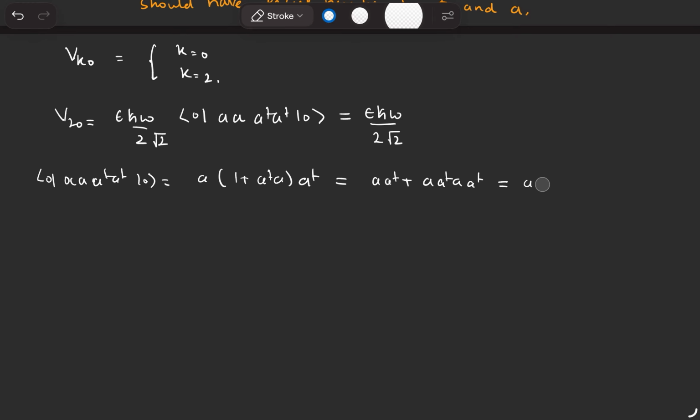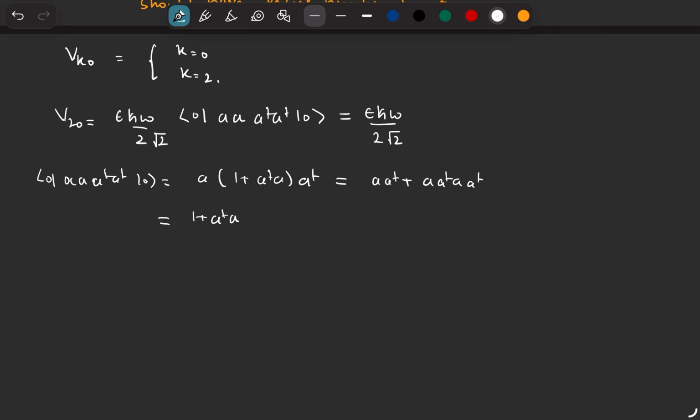Okay, I have to write it normal ordered, so just let me do it here. Then it has to be 1 plus a dagger a, and the first term also has to be shifted, so it has to be 1 plus a dagger a dagger. So this will be 1 plus a dagger a plus a dagger plus a dagger a dagger.